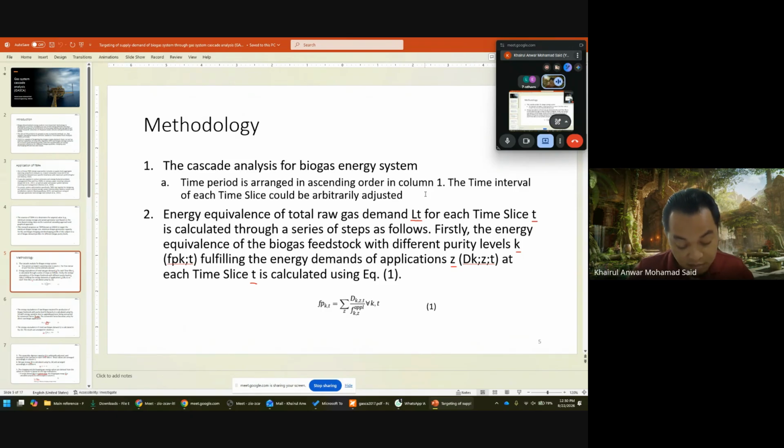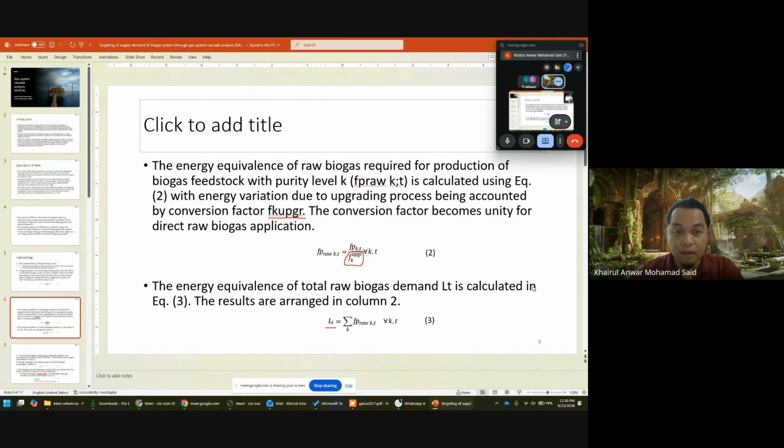before we can get LT, because LT is equal to FP. Yes, okay, one by one. Next, after we calculate FP, then we need to calculate FP row.